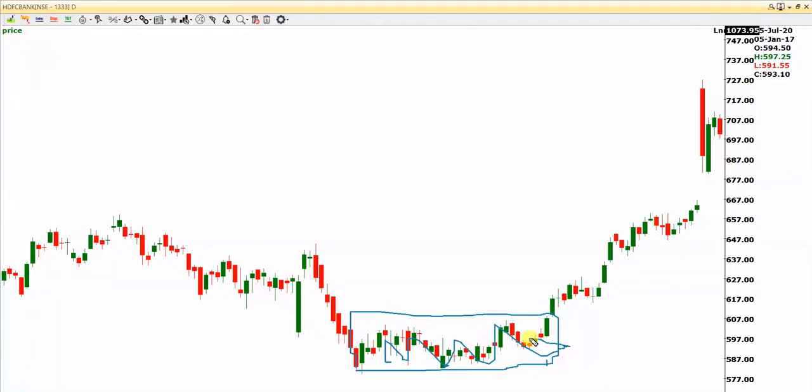This is the time when the smart retailers, who are holding this stock in their portfolio even after the 15% correction, will try to sell all their holdings by believing media news, right?